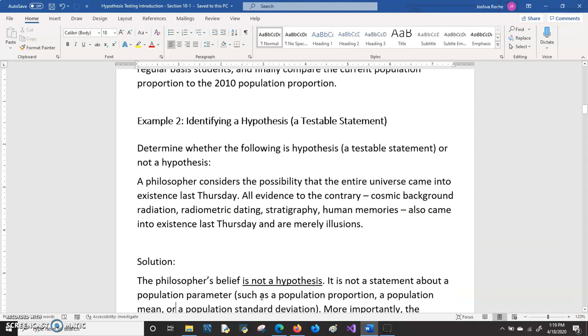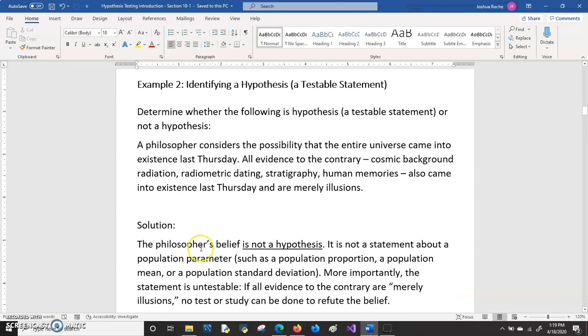The solution is that this philosopher's belief is not a hypothesis. It is not a statement about a population parameter. There's no mention of trying to measure a proportion or a mean or a standard deviation. More importantly, the statement is untestable.